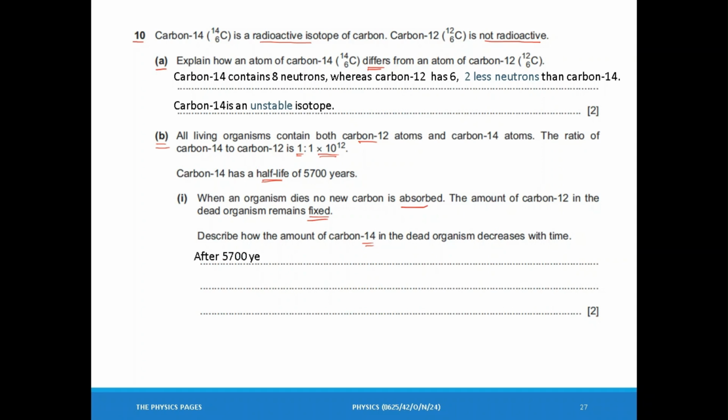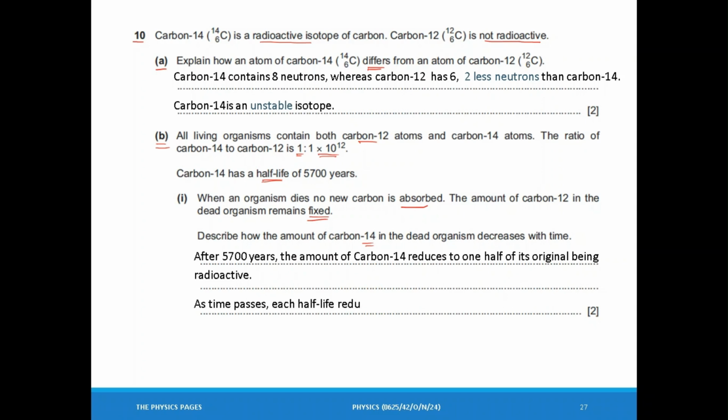So I would write here: after every 5,700 years, the amount of carbon 14 reduces to one half of its original because it is radioactive. Secondly, as time passes, each half life reduces the remaining amount to half.